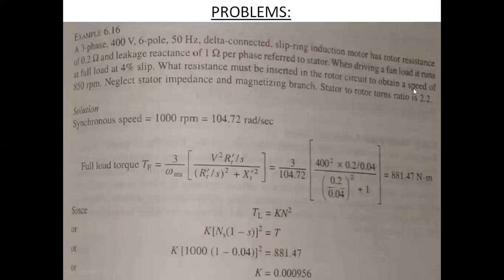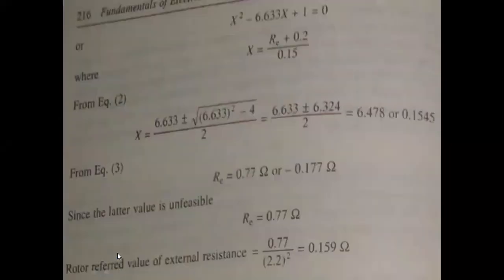So here they have given the stator to rotor turns ratio as 2.2, and we are getting a resistance of 0.77. After getting the value of 0.77, we have to divide this by K. So stator to rotor ratio means they are giving the value of 1 by K, so we have to multiply the turns ratio.